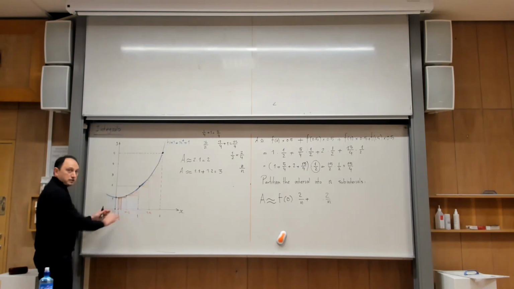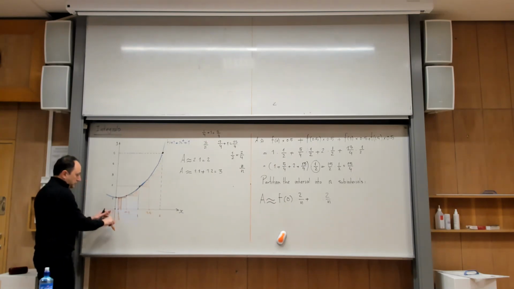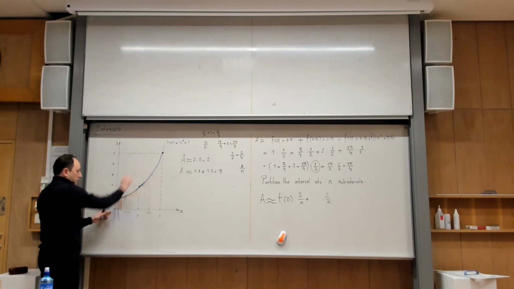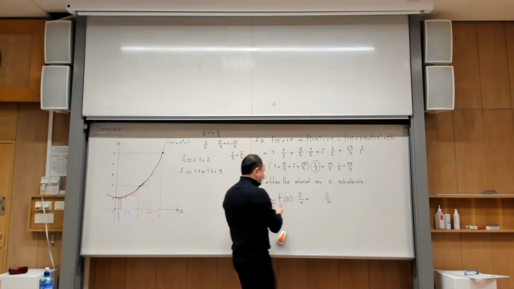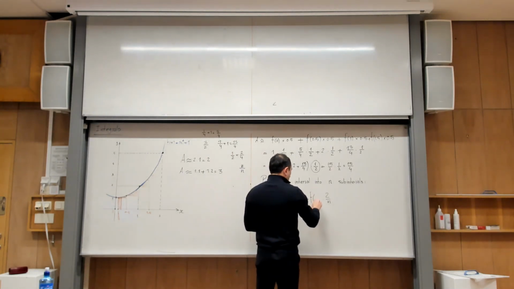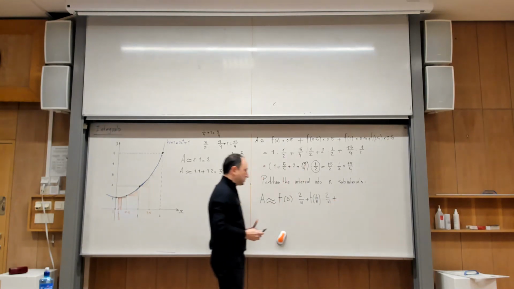I have divided this interval into n equal pieces. So I start from 0, the next one is 2 over n, and then I have to put this number into my function to find the height. So then this becomes f of 2 over n. If you can tell me the next one, then you understand the process.